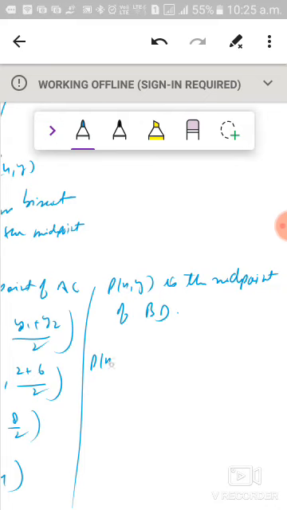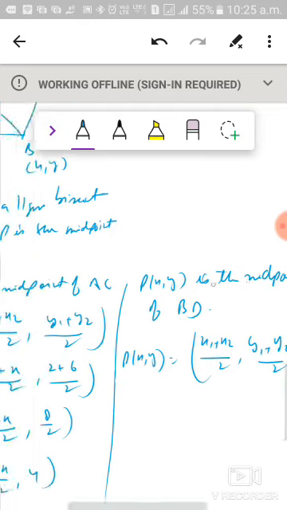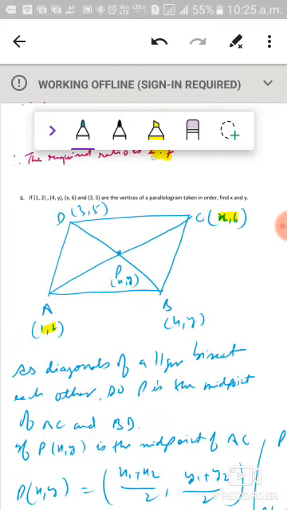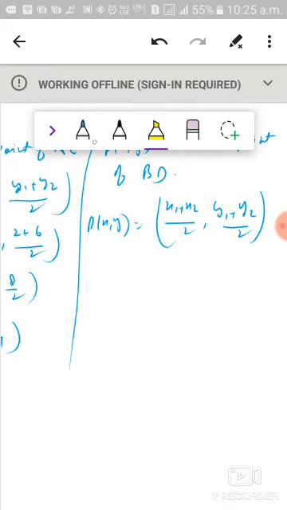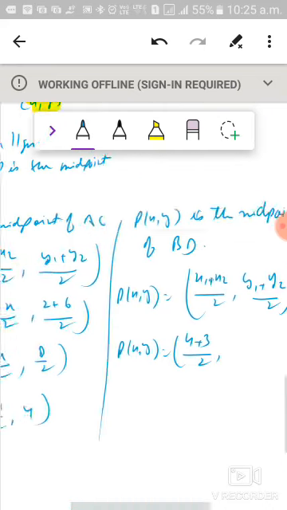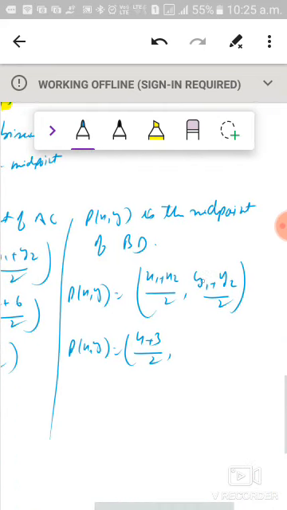So P x comma y we find by x1 plus x2 by 2 comma y1 plus y2 by 2. So we can see here this time our x1 y1 plus x2 y2. So this is 4 plus 3 by 2 comma y1 plus y2, that is y plus 5 by 2.